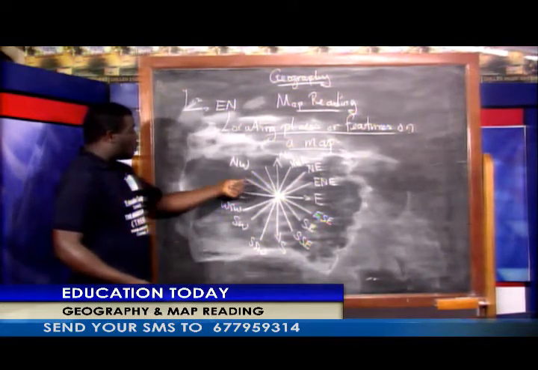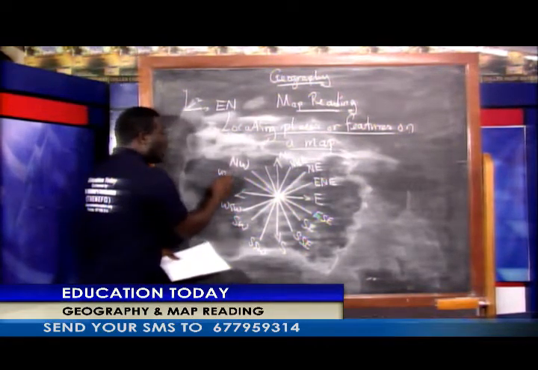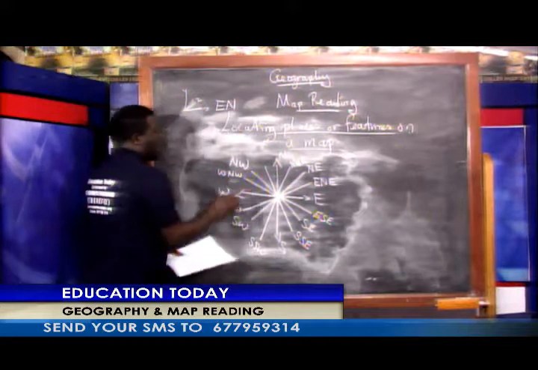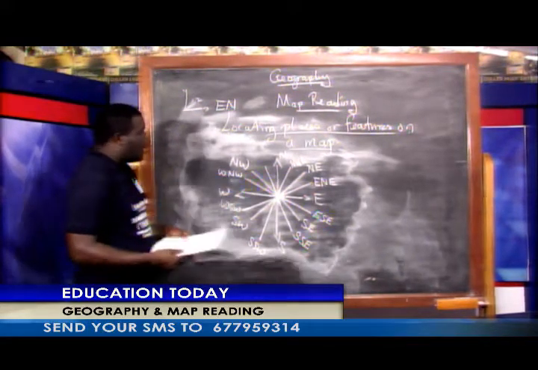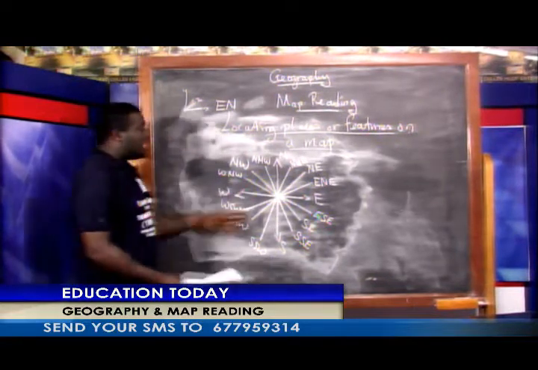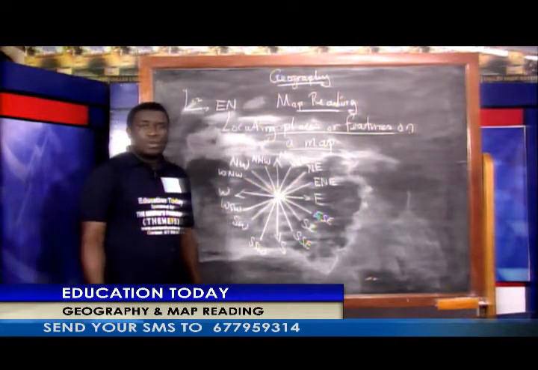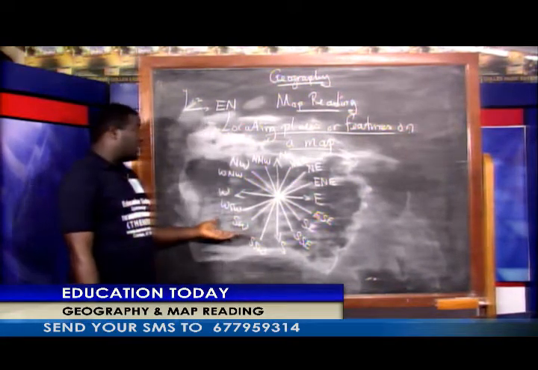This one is close to this one, so we are going to use the west of northwest, and here we are going to use the north of northwest. This gives us 16 sides. Please look up and do the correction on what you have. It gives us the 16 sides.